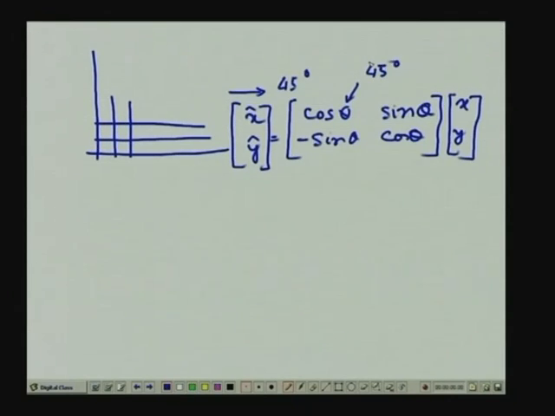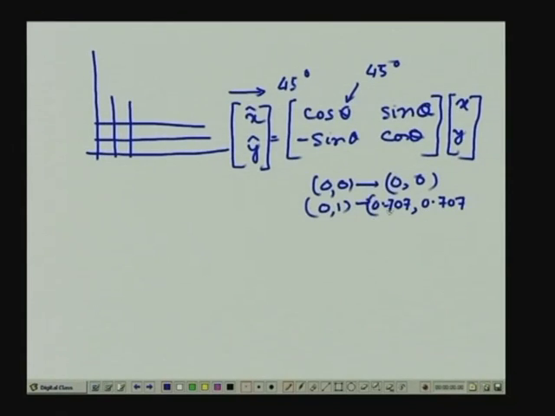If I apply the rotation transformation to all the pixels in the original image, you find that location 0 0 will be transformed to location 0 0 even in the transformed image. Location 0 1 will be transformed to 0.707 and 0.707.